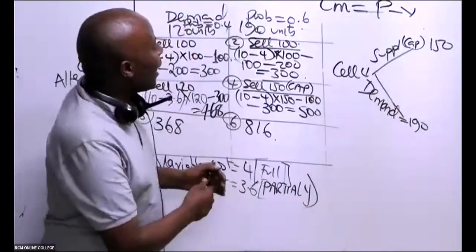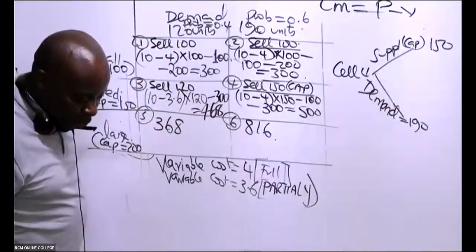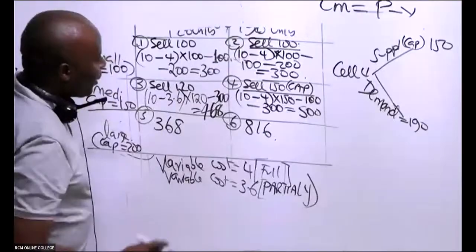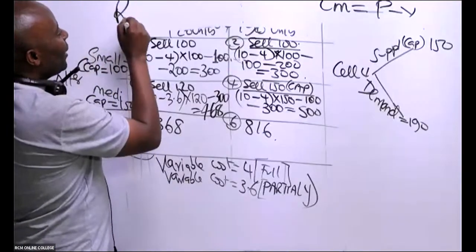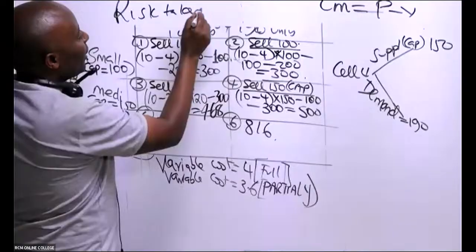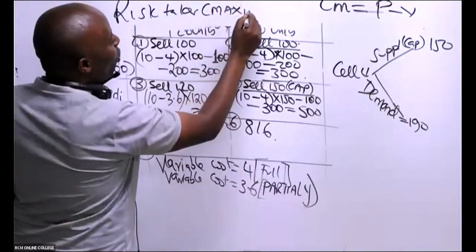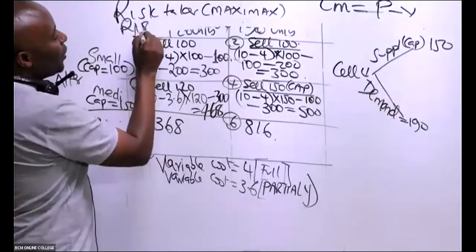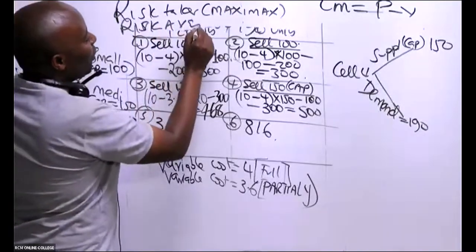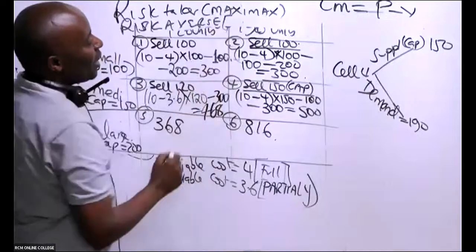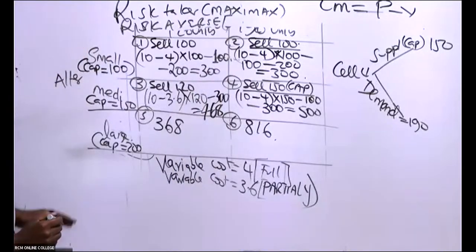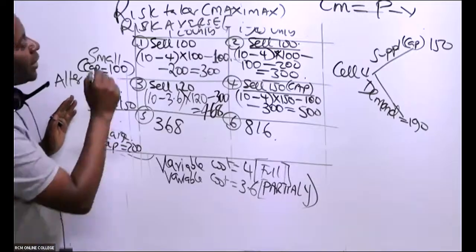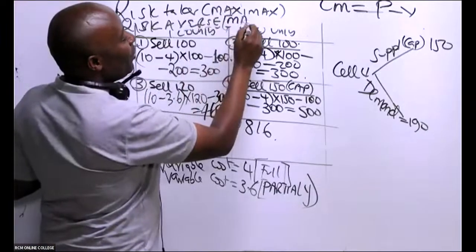So risk takers, we shall advise them using which approach? Maxi, isn't it? Risk takers use, in this case here, maxi who? Maxi. And then we have risk averse. Risk averse, we shall always advise them using what here?